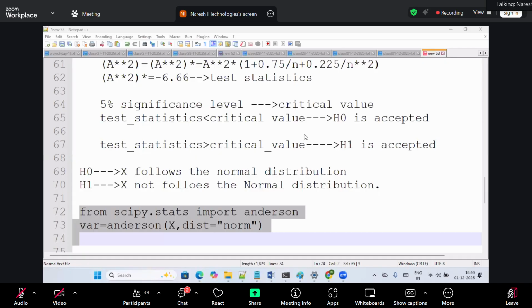Test statistic is less than the critical value: null hypothesis is accepted, guys, not rejected. So load one data set, guys.